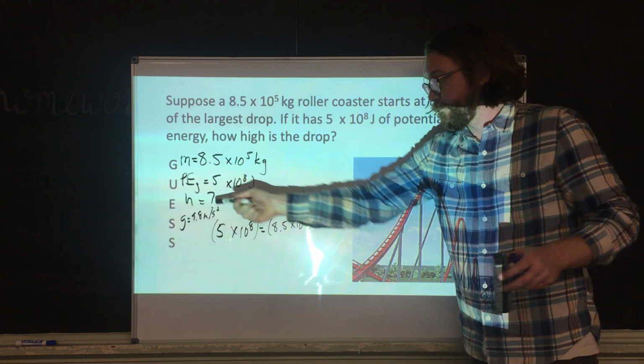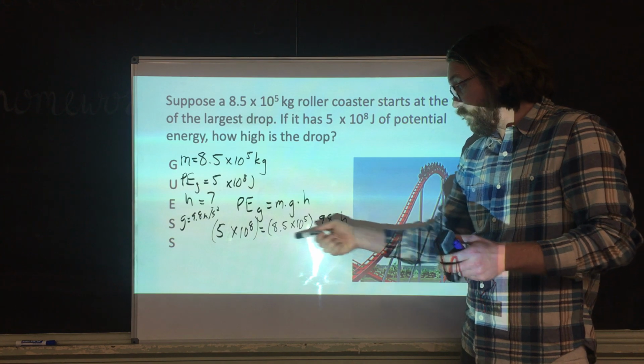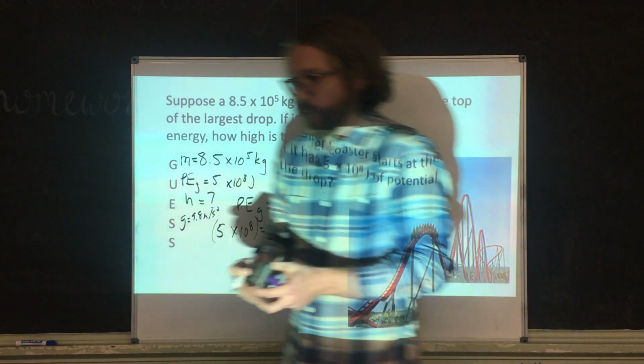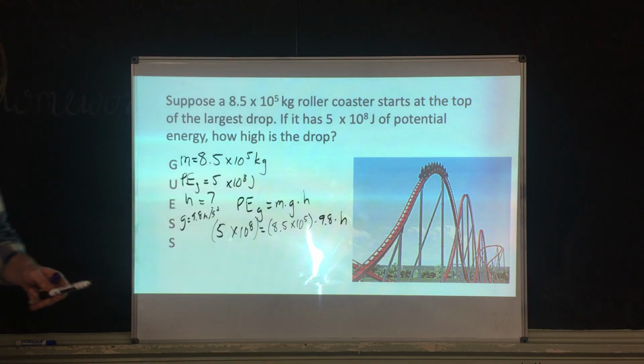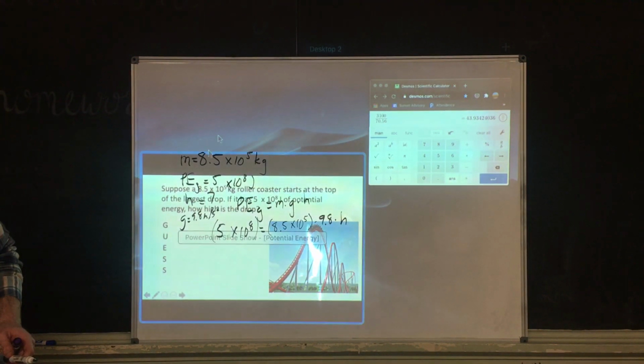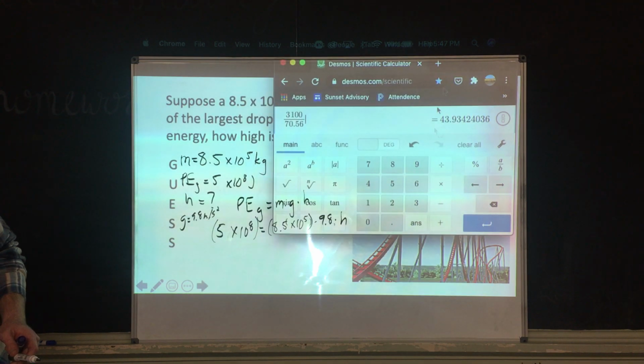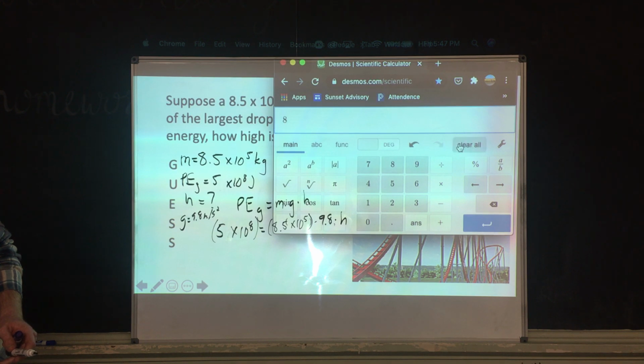How high is it? So again, whenever you have basic arithmetic to do, just do it, get it out of the way. We're going to take 8.5 times 10 to the 5th and multiply it by 9.8. Let me move it up here so you can see it a little better. Parentheses, 8.5 times 10, and the a to the b key is how you get your exponent.